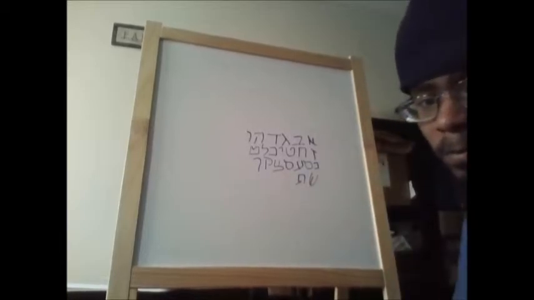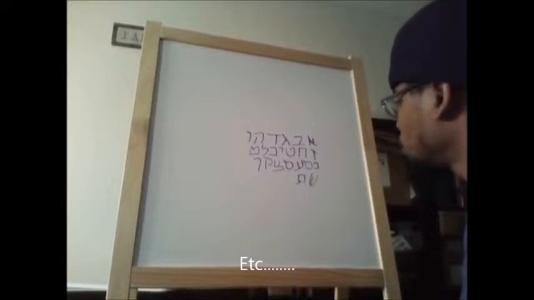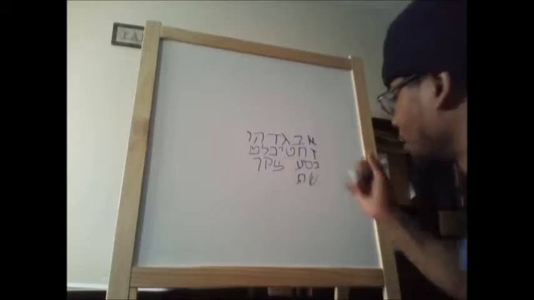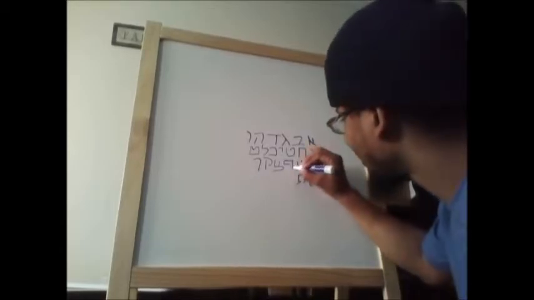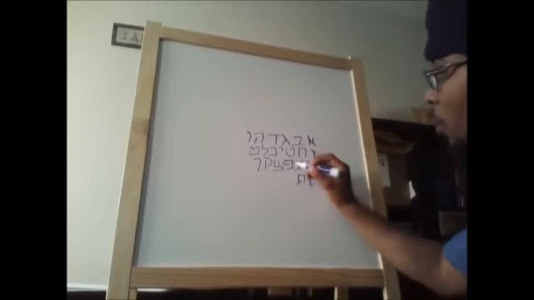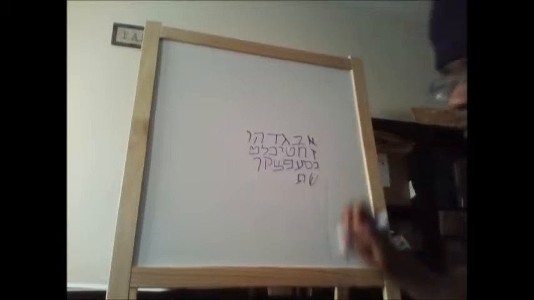Samek, ayin, wait. This is supposed to be a fa. Sorry about that, caught myself. Supposed to be a fa. I'm sorry, pay. Pay, tsadi, kuf, reish, shin, tav.